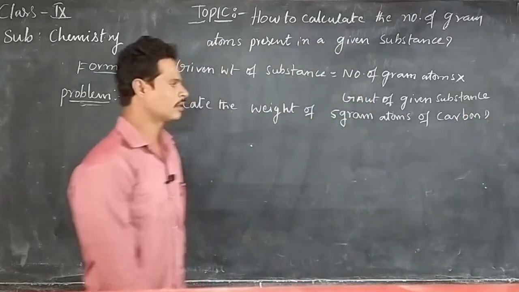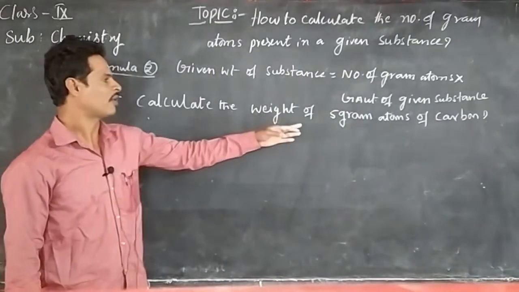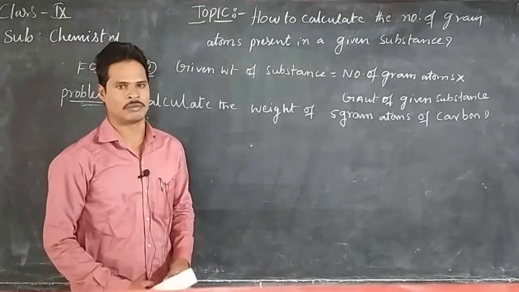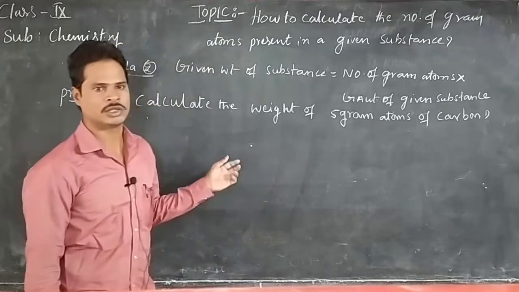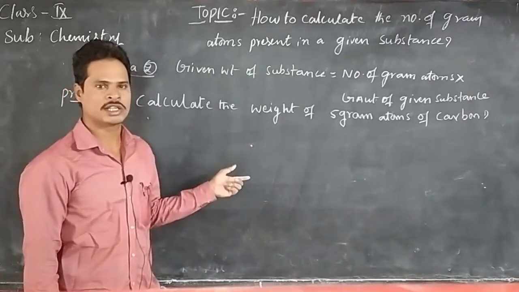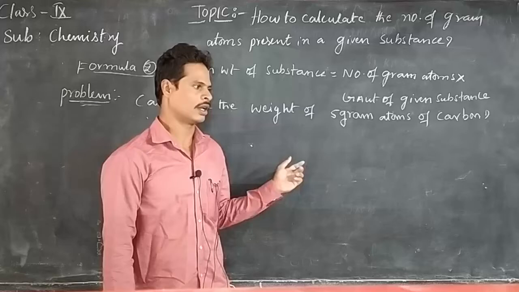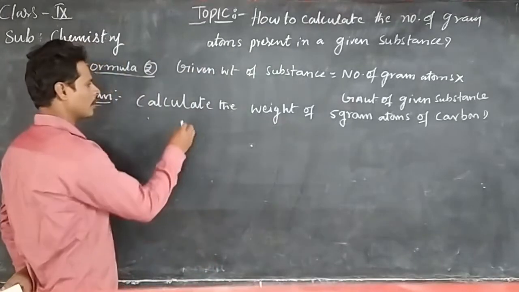What is our question? Calculate the weight of 5 gram atoms of carbon. So now what do we have to do? According to the question, we can identify what is given and what is not given.